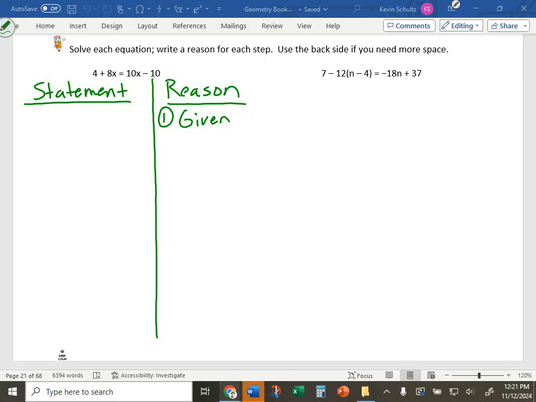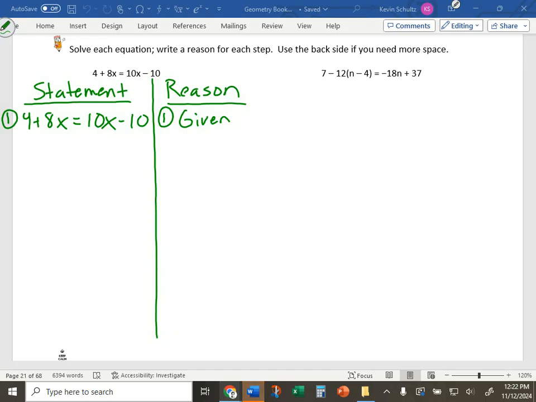And what we know is that 4 plus 8x is equal to 10x minus 10. That's a given.